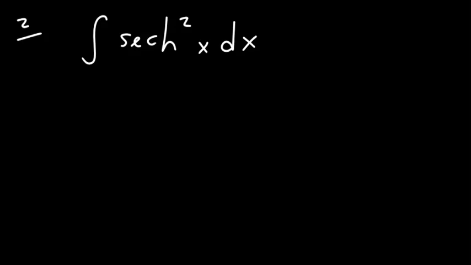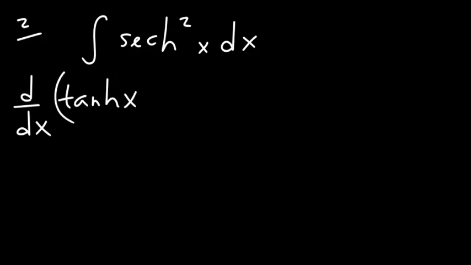We know that when you differentiate hyperbolic tangent of x with respect to x, you get square of hyperbolic secant of x.